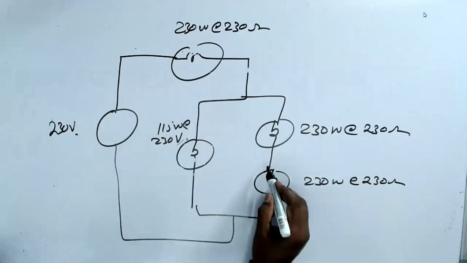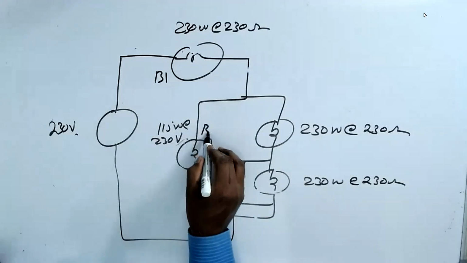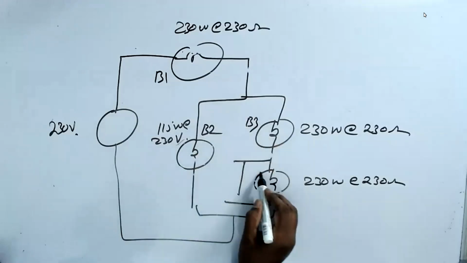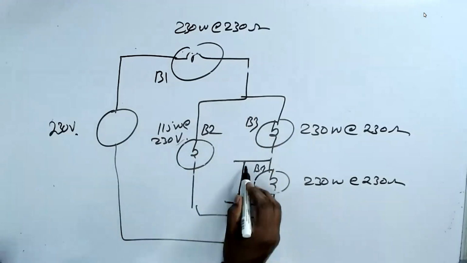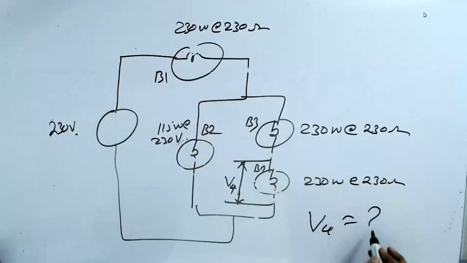I ask you, what is the voltage across this bulb? Let us say bulb 1, bulb 2, bulb 3, bulb 4. That is V4. V4 is equal to how much? Can you tell me now? I'm telling you repeatedly, these formulas are very simple.